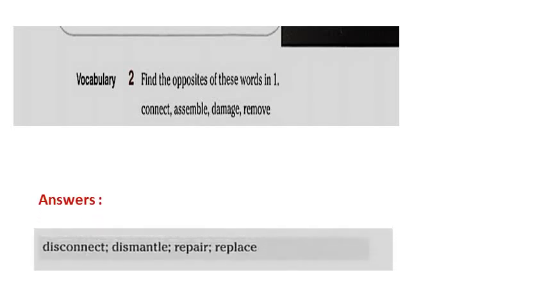I'll assume you got them all. So let's see the correct answers here. The opposite of connect is disconnect. Assemble, like I said earlier, the opposite of assemble is dismantle. Damage, repair. Remove, replace.